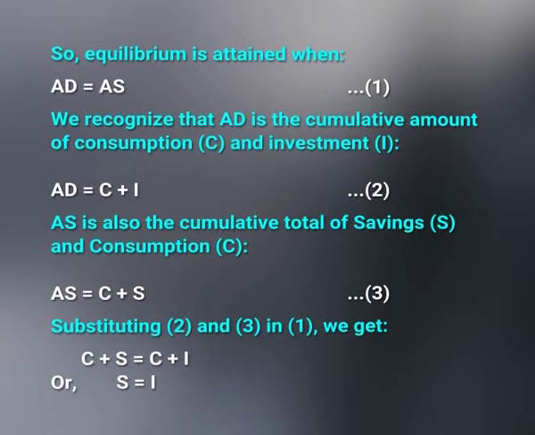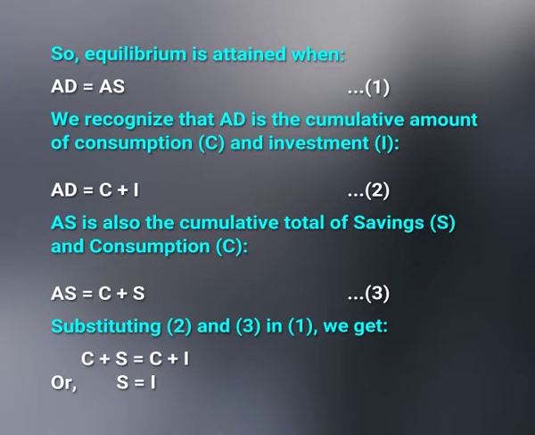Since earned income is either consumed or saved, the AS curve is calculated by the curve of C plus S. An economy is in equilibrium when, for a given period of time, aggregate demand equals aggregate production for goods and services. So, equilibrium is attained when AD is equal to AS.